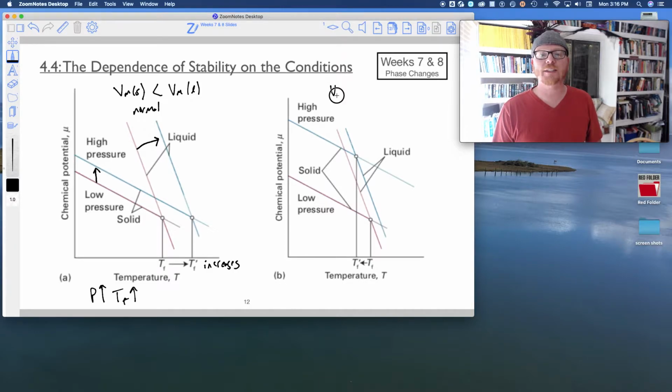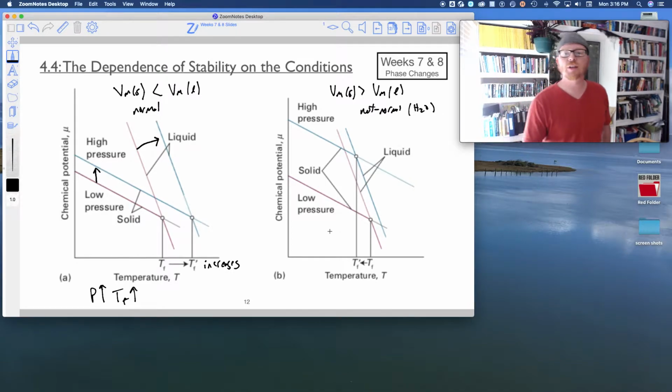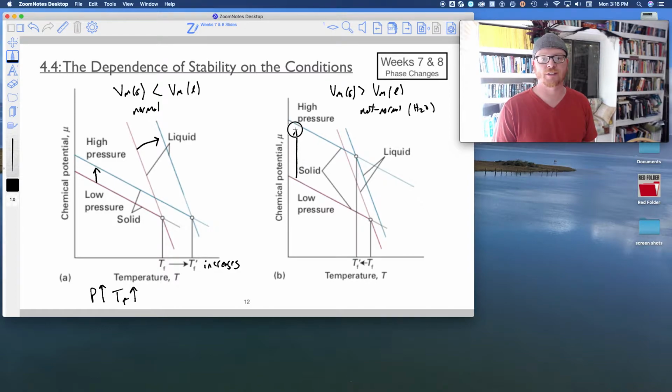But now this is a case in which the molar volume of the solid is actually greater than the molar volume of the liquid. So this is not normal. In other words, water. And so now what you notice is there's a much bigger increase in the chemical potential of the solid than there is of the liquid. And the result here is that the freezing point decreases with increasing pressure.